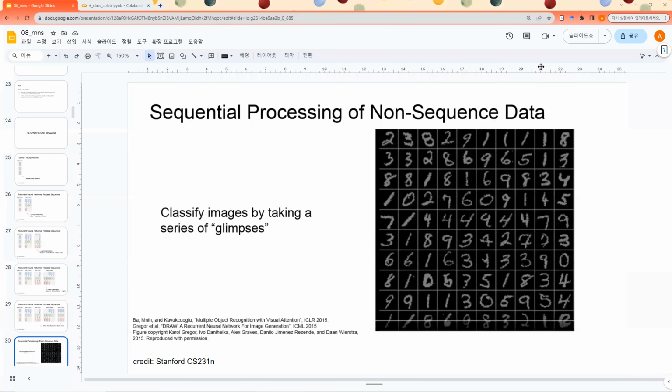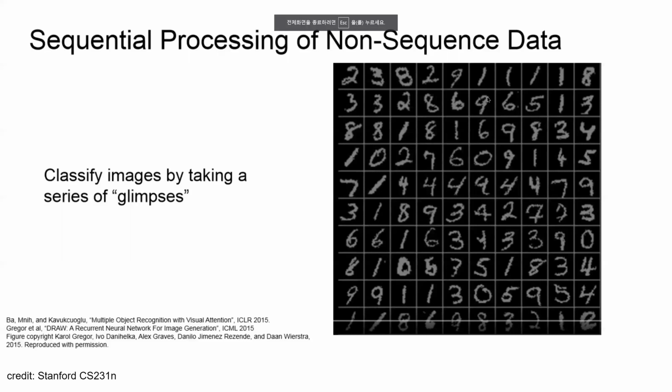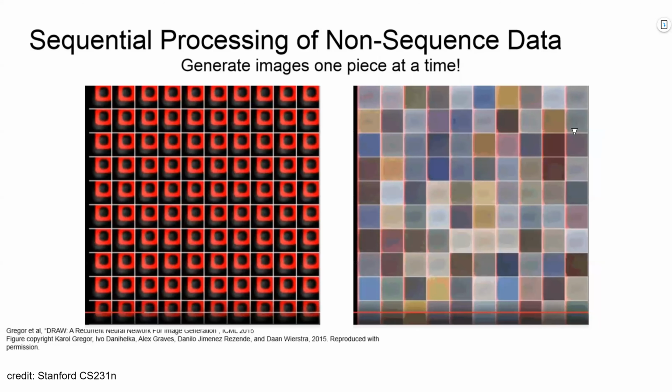So we sequentially process, and the direction might be arbitrary, like this. So you can process non-sequential data in a sequential way. That is also possible. And by doing so, you can generate images using RNNs.